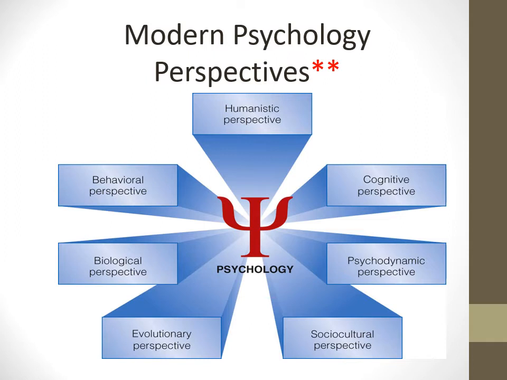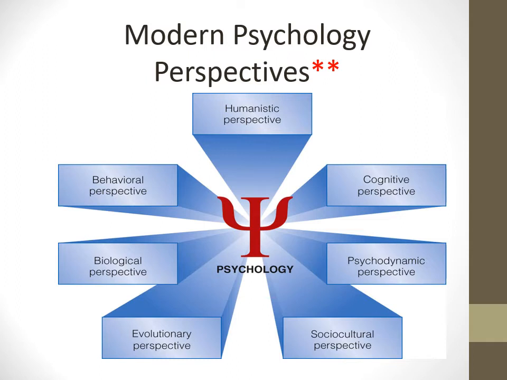The cognitive perspective explains behavior as a product of mental processes, so how thoughts and interpretations influence behaviors. Psychodynamic perspective focuses on internal and unconscious to explain behavior. So it sounds a little bit like Freud and his psychoanalytic theory.